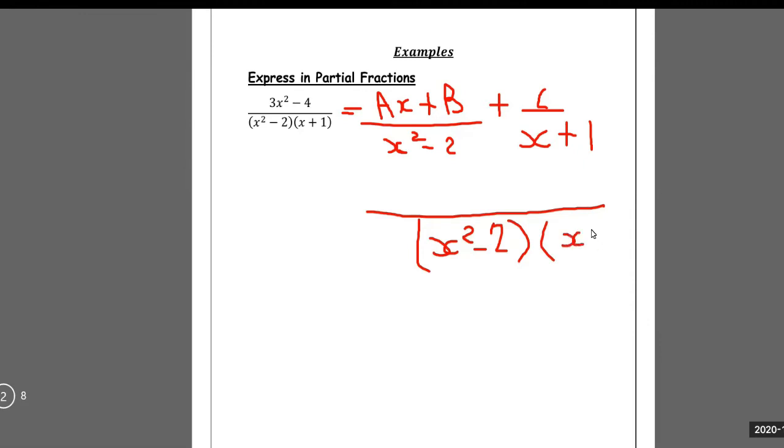So then what we're going to do now is our regular division. We're going to say x squared minus 2 into this goes x plus 1.